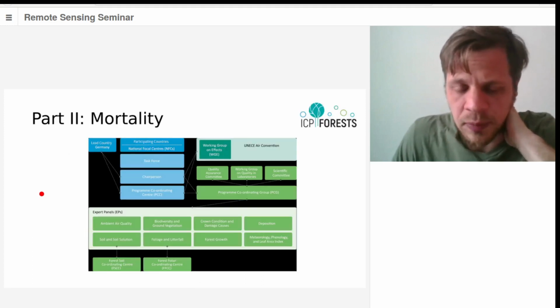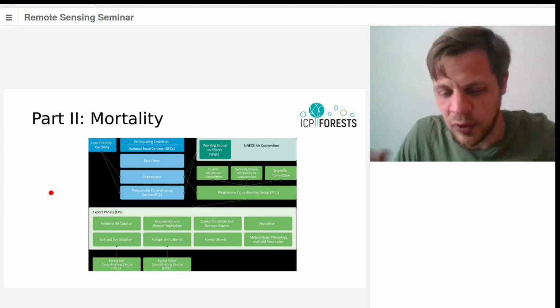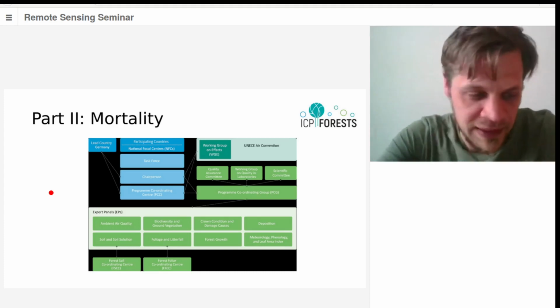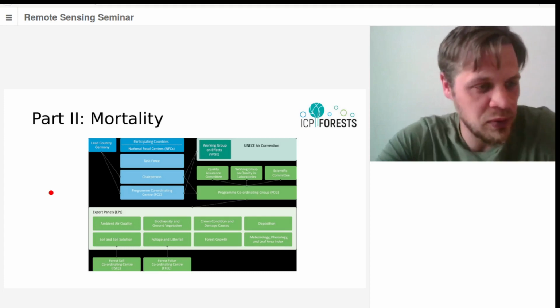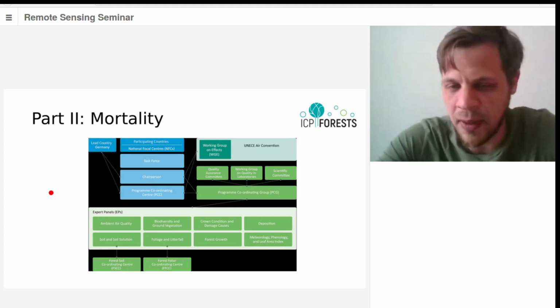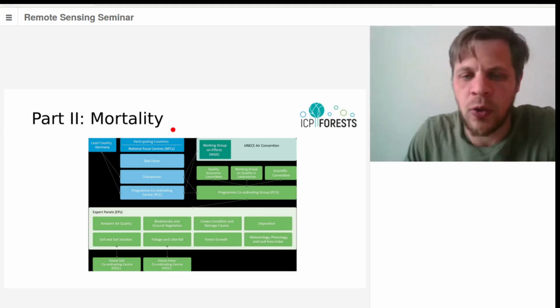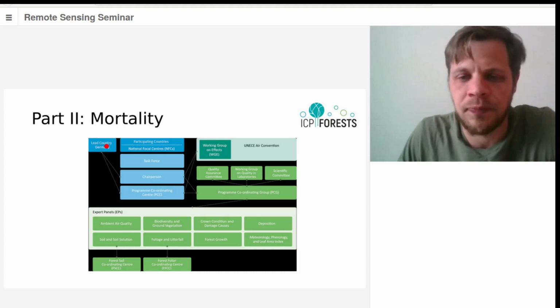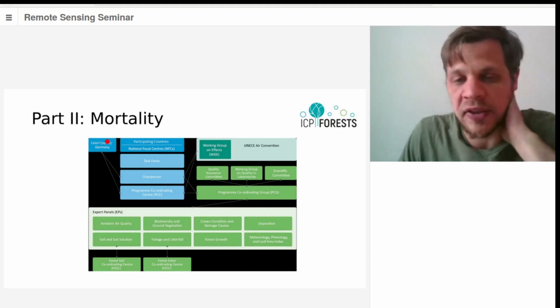And this is how ICP is organized, a little bit like, yeah, they have their own constitution. You can consider them as some kind of a little own state or something like this. The headquarters is in Germany, in Eberswalde. Also, when you request data, you have to request the data here.